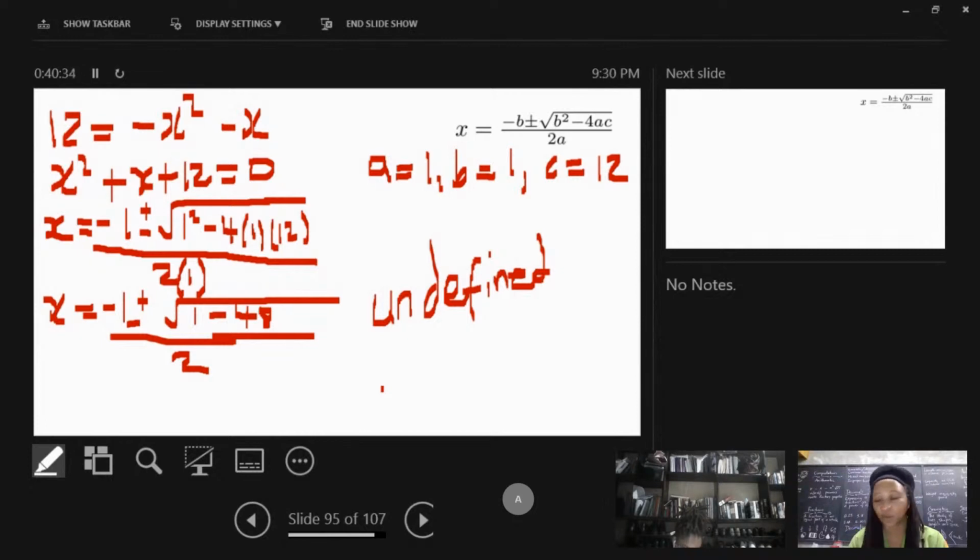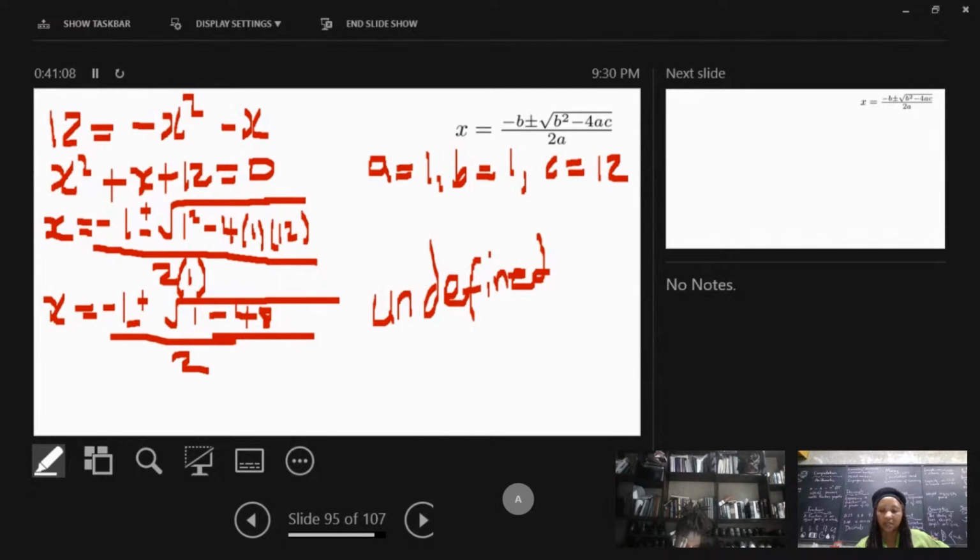When I type it in the calculator, it says math error. It's undefined. So always make sure that once you reach here and you're getting a negative number, you know the answer is undefined.